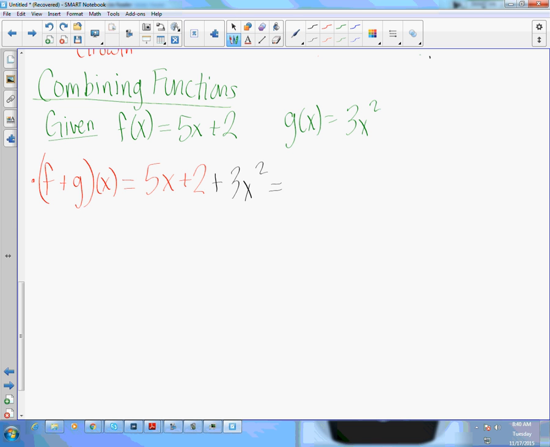What would the correct order be? Standard form, highest x exponent down to lowest. So 3x squared plus 5x plus 2. There you go. So that's the sum of f plus g.